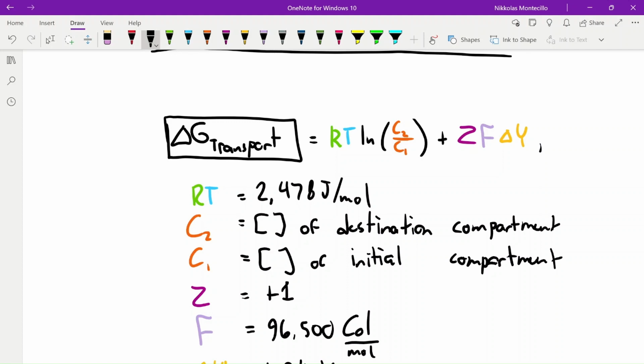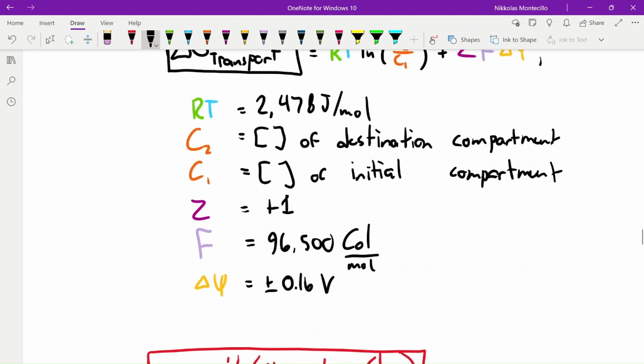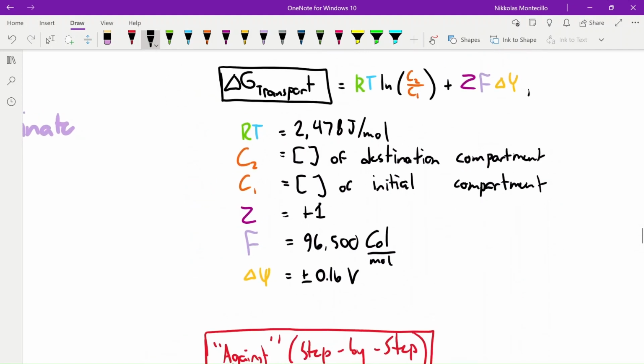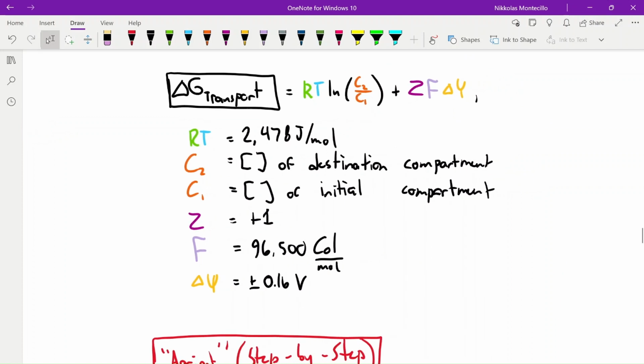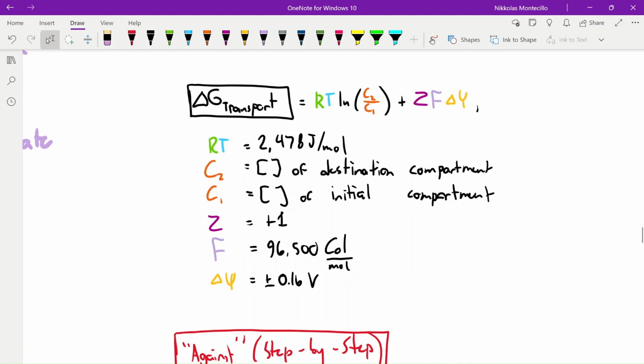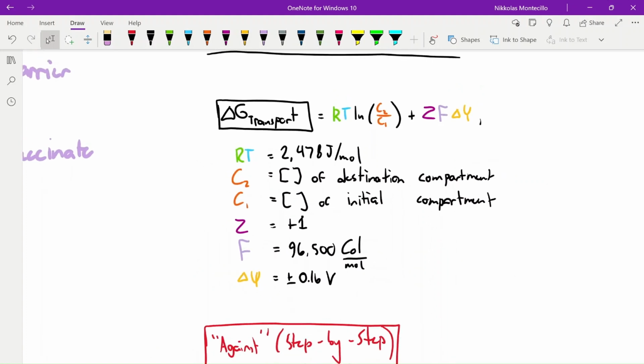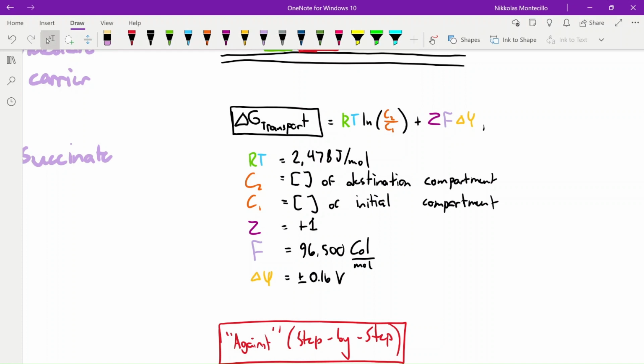Faraday's constant is 96,500 coulombs per mole, and then the transmembrane difference in electrical potential is typically plus or minus 0.16 volts, depending on the direction of the flow of protons. So if it's moving from a place of greater positivity to greater negativity, then we consider the change to be negative.